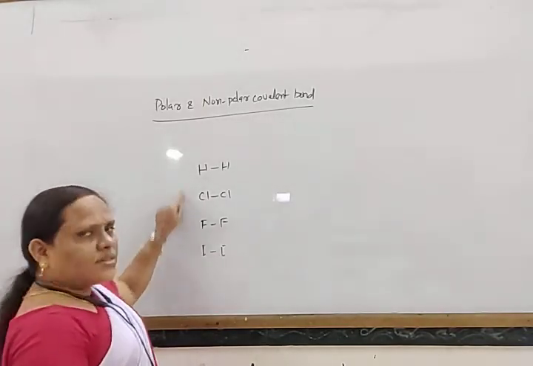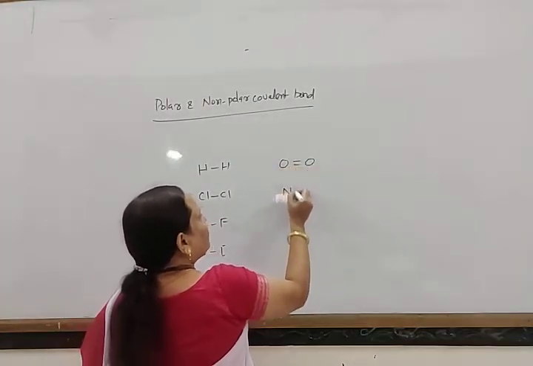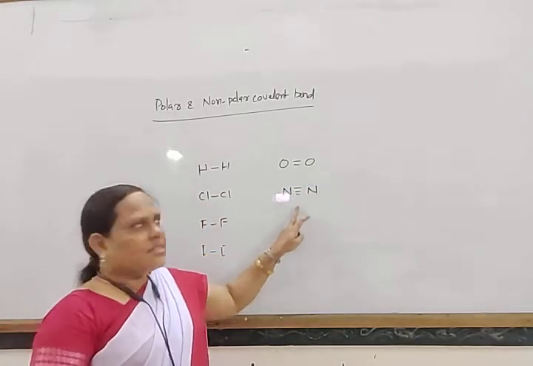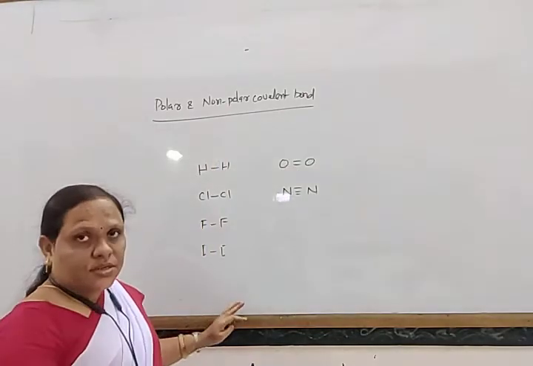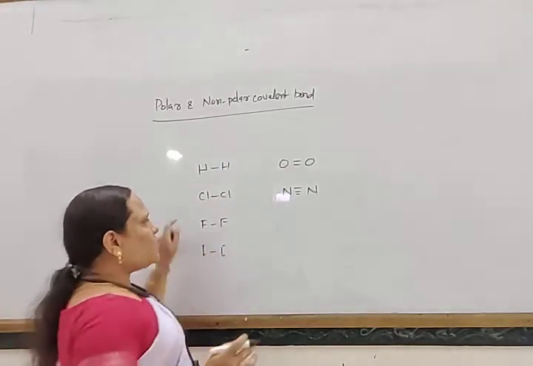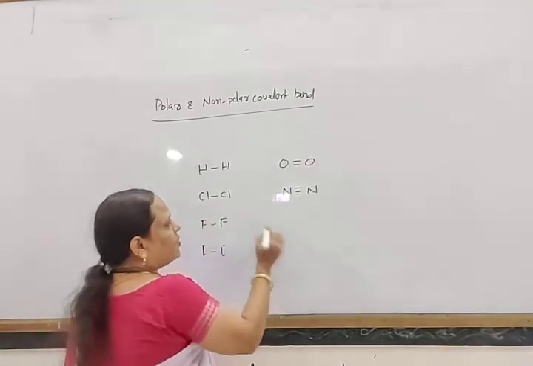So when we consider all these, or oxygen, oxygen, or nitrogen, nitrogen, this is the triple bond system, this is the double bond, this is the single bond system. When this bond is formed by the mutual sharing of these two atoms, let us take the example of chlorine.